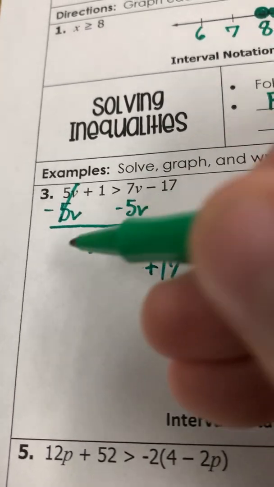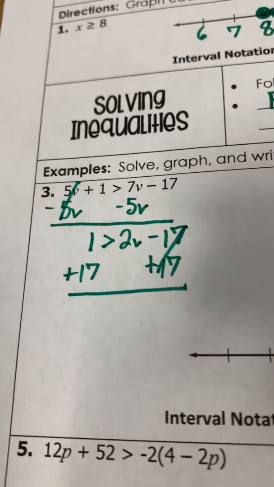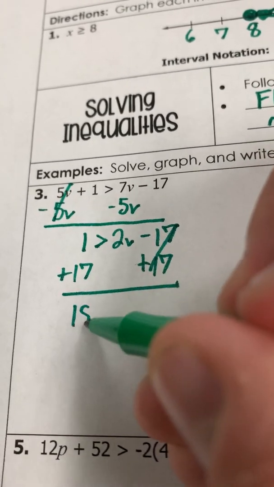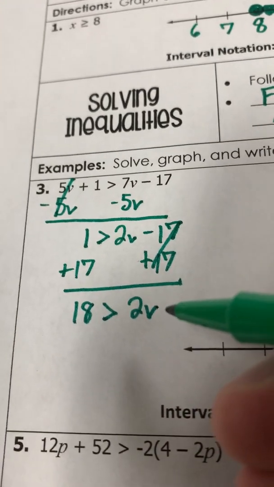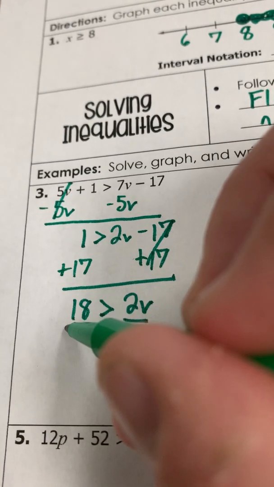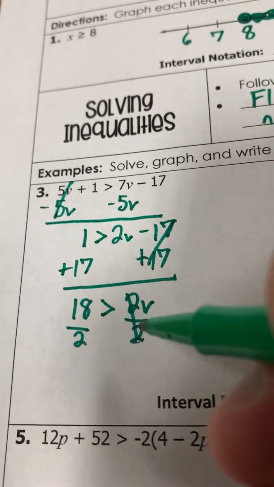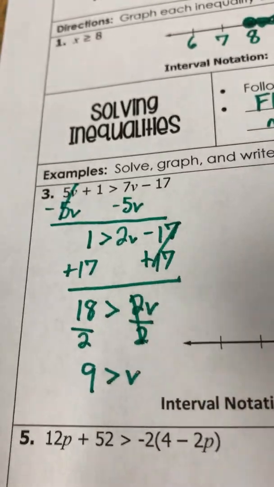Add 17 to the other side. We're given 18 is greater than 2v. And then like we would do normal, divide by 2. 9 is greater than v.